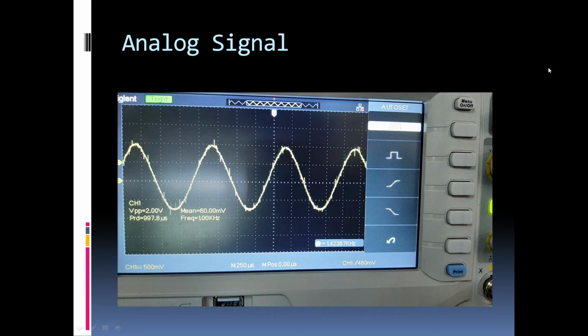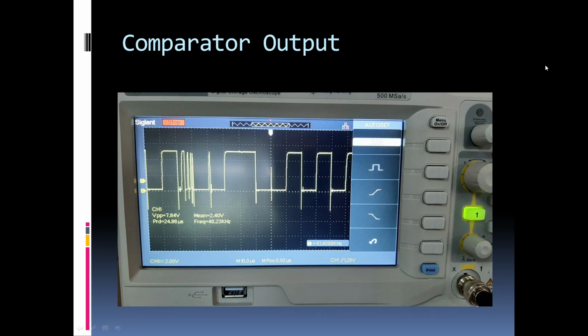The analog signal was set to produce 1 kilohertz frequency with an amplitude of 2 volt peak to peak during our experiment. Here we see the comparator output. As I said, the comparator compares the feedback signal, the staircase signal, with the original audio signal, and this is how the output looks during our experiment.